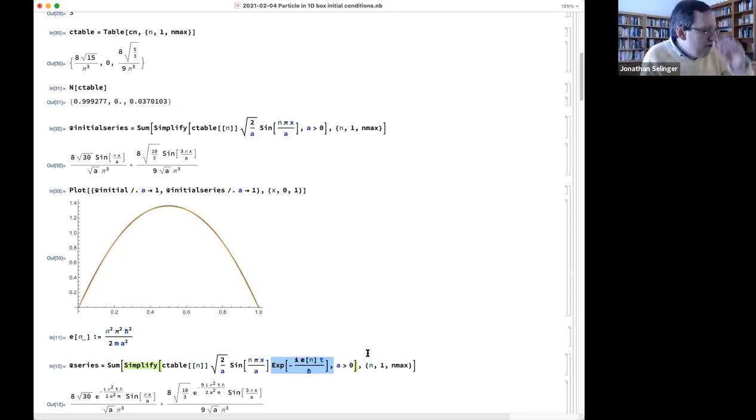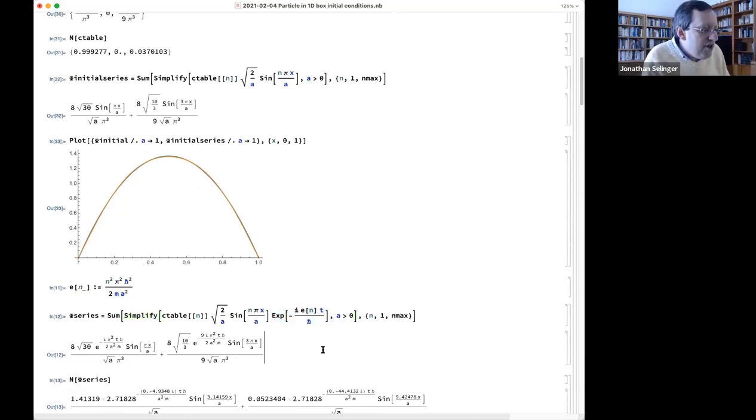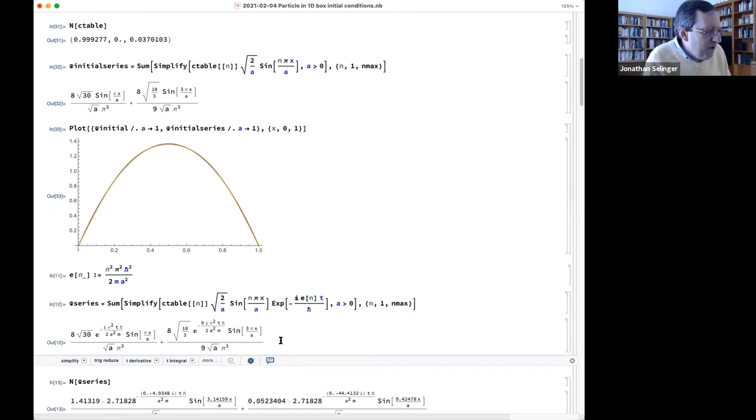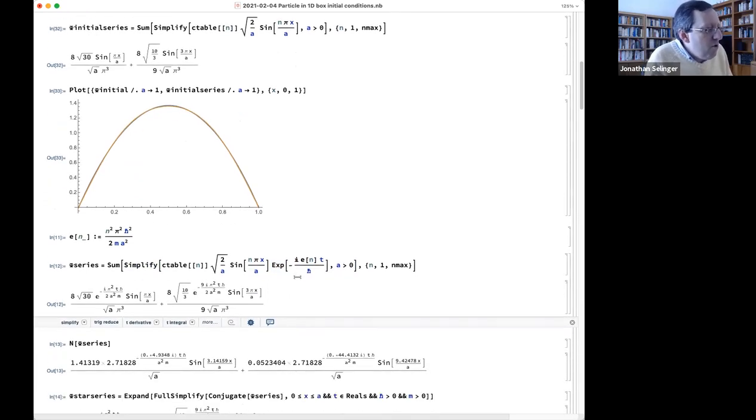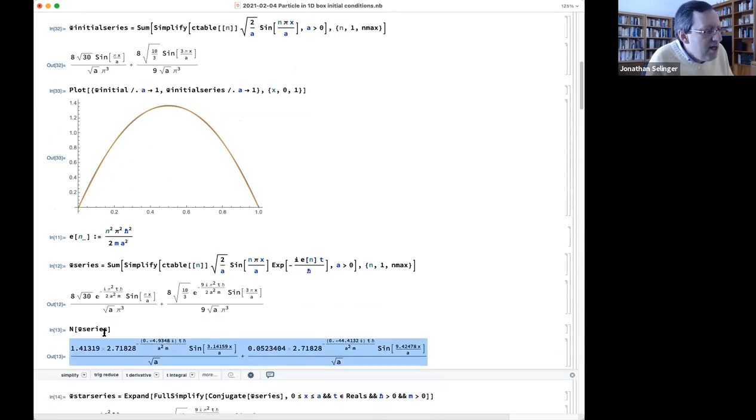So here is the solution. Or I could write it numerically, right? I can tell Mathematica to take all these square roots and make them numerical things. So here's a numerical series.